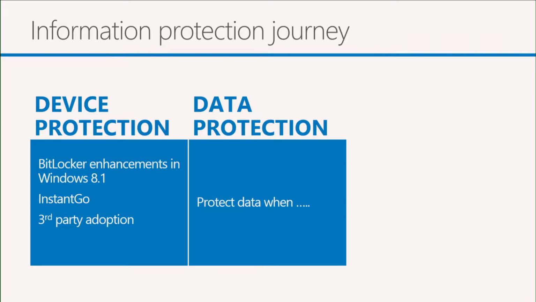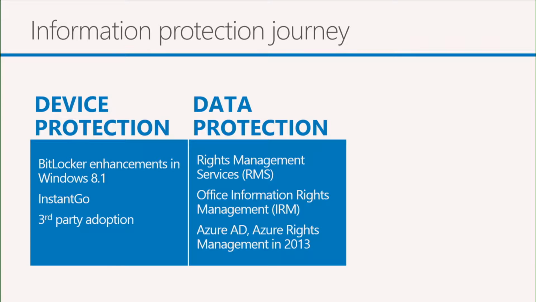I've got some sensitive data here, I need to protect it. And for that, we have rights management. Rights Management Services was integrated into Office as Information Rights Management. It's the same technology. In 2013, we improved Azure Rights Management to be Azure AD Rights Management. And it was recently rebranded as Azure Information Protection.